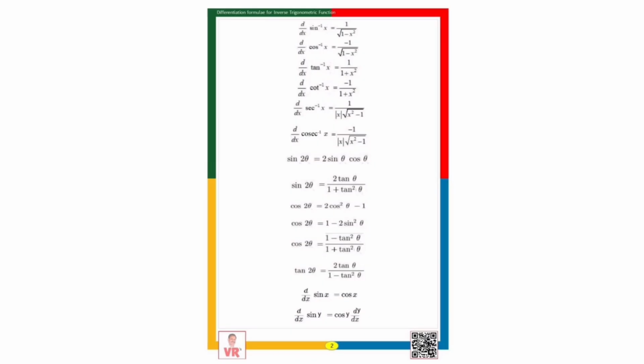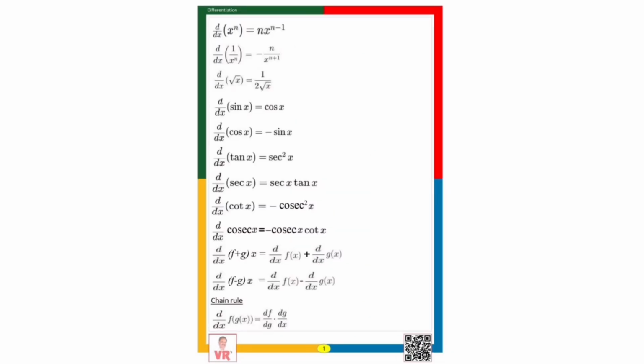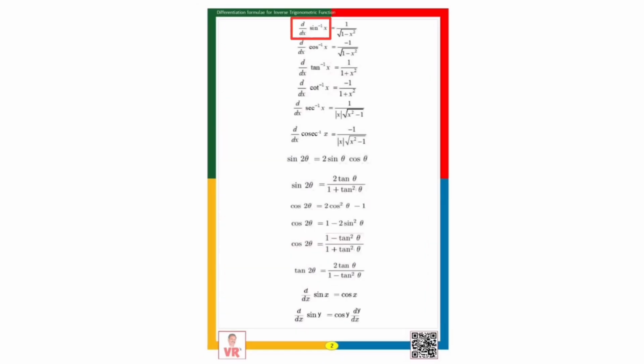Like in the earlier page, d/dx of sin x equals cos x. In the same way, d/dx of sin inverse x equals 1 by root of 1 minus x square.